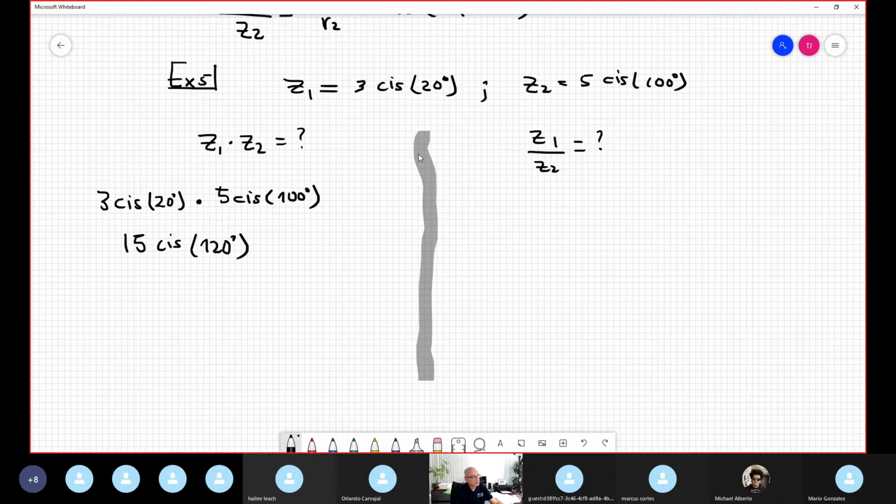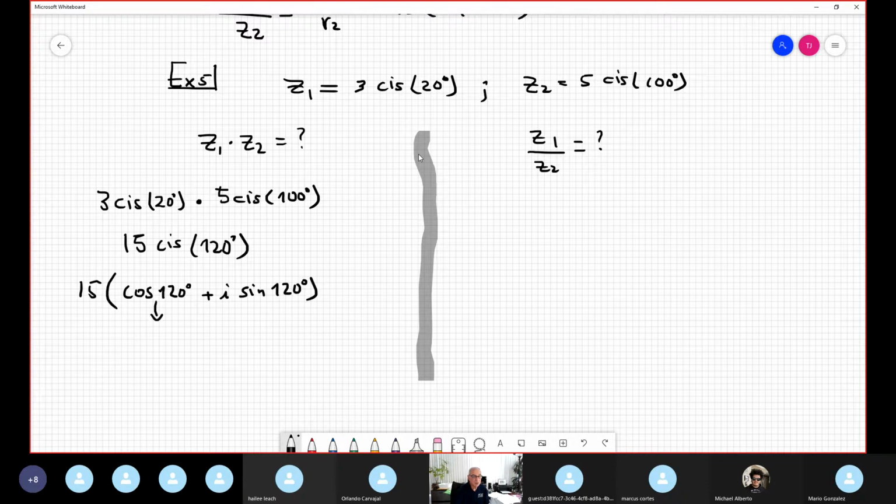Wow, end of the story. I finish. I'll leave it like that. Well, no, you can, but okay, I want to express the final answer not in polar, I want to express it in rectangular. Okay, no problem. This is 15 (cosine 120 degrees plus I sine 120 degrees).